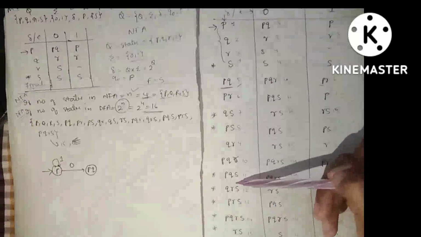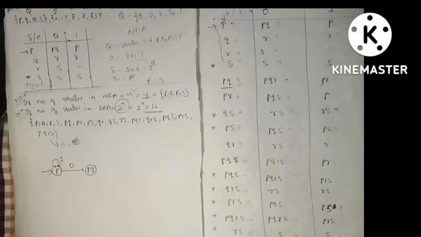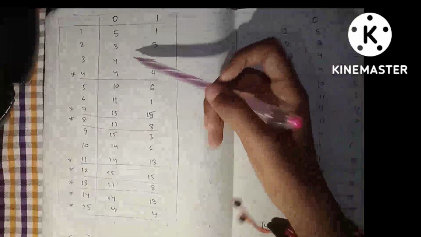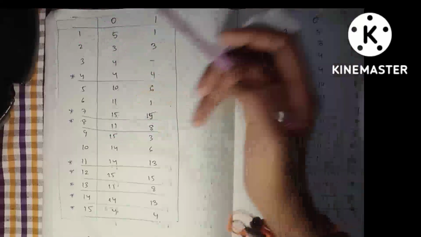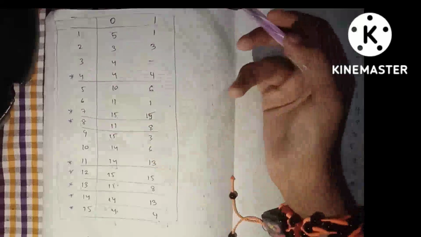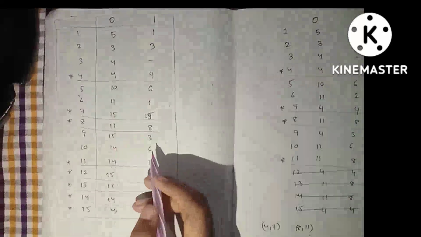Therefore, wherever there is S, I am giving stars so that it represents the final state. Now I have just minimized them. You can see that in place of P I have written 1, and in place of Q I have written 2. So instead of writing P, Q, R, S, I am writing 1, 2, 3, 4 to make it less complex.